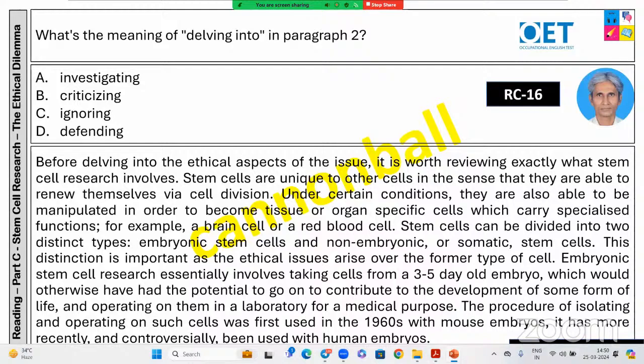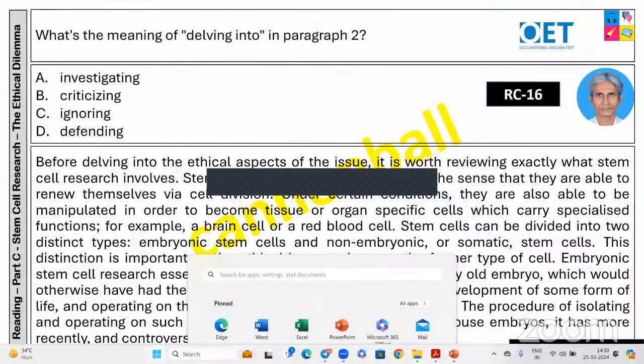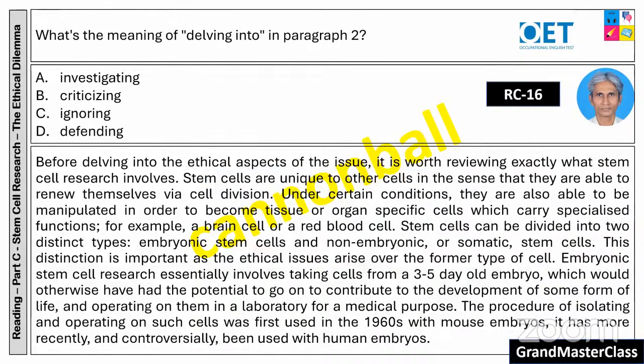This is the second question. Actually, for this question, you don't need to read anything. You don't need to deeply read everything from the beginning to the ending.